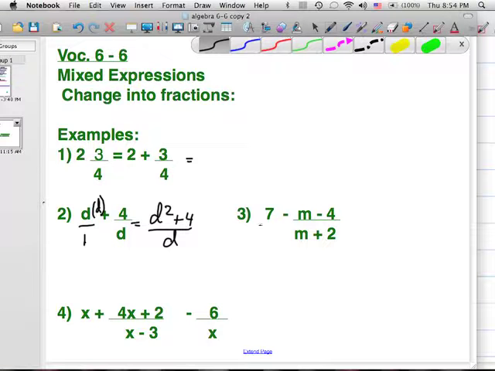The second example, put 7 over 1. Change subtraction to addition and change the signs of the binomial after it. The least common denominator is m plus 2. So we need to multiply the 7 by m plus 2.